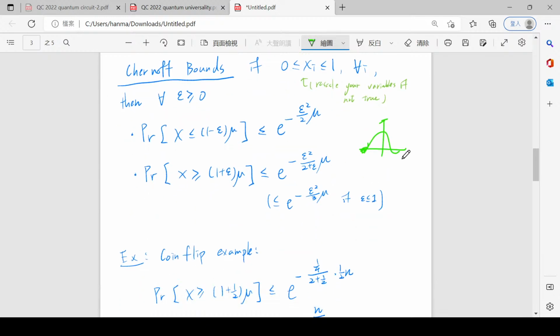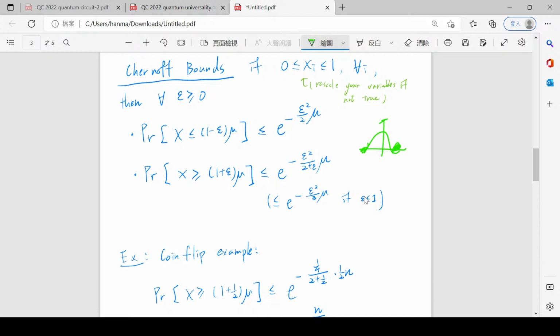On the other side, the upper tail, the probability that X is bigger than 1 plus epsilon times mu is also exponentially suppressed, but there is a little difference, and it's actually necessary: epsilon squared over 2 plus epsilon, times mu. If your epsilon is very small, then this plus epsilon doesn't matter, but this is true for every epsilon. In case you want some very large epsilon, then you need to remember this formula. And if you really don't want to write this, and the 2 versus 3 doesn't matter, then you can bound it by epsilon squared over 3 mu. This is true for epsilon less than 1.